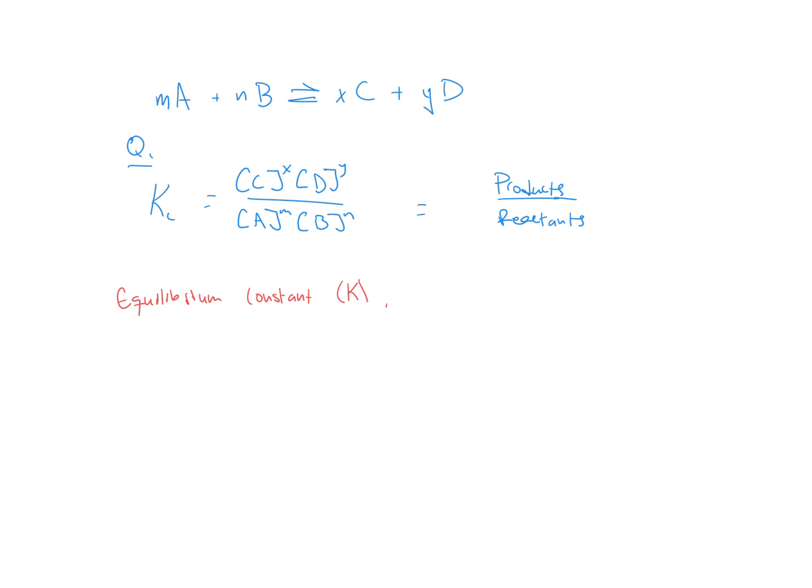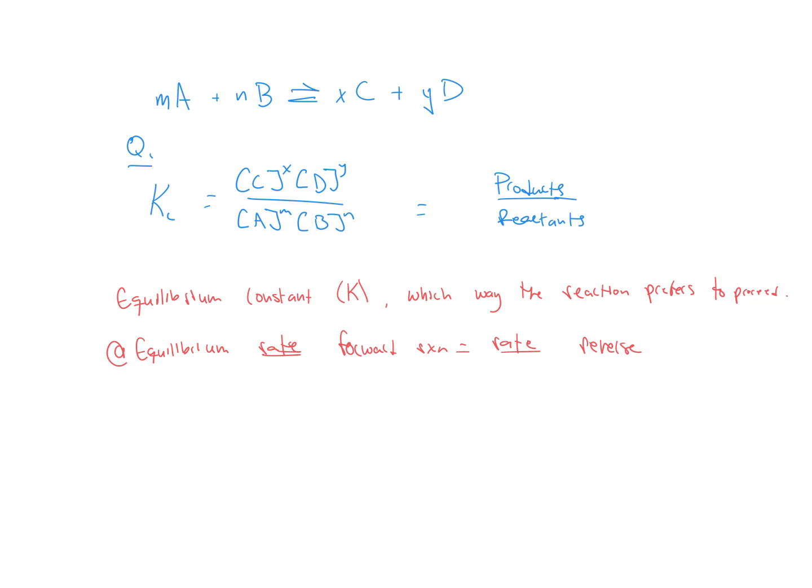Basically what it tells you is which way the reaction prefers to proceed. And so I've said here, right, that at equilibrium, the rate of the forward reaction equals the rate of the reverse.